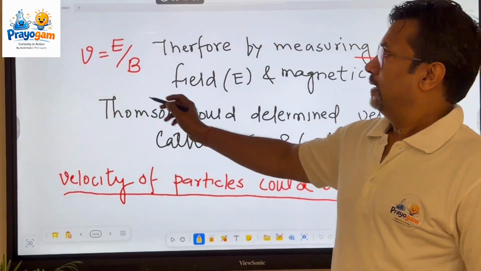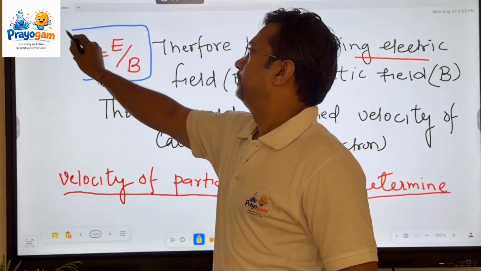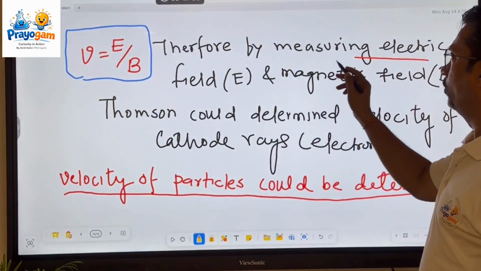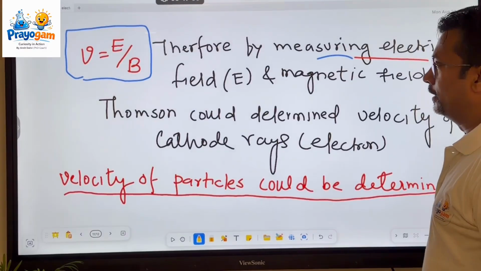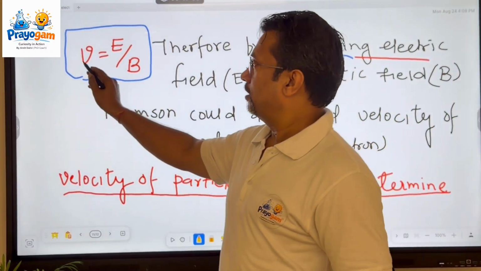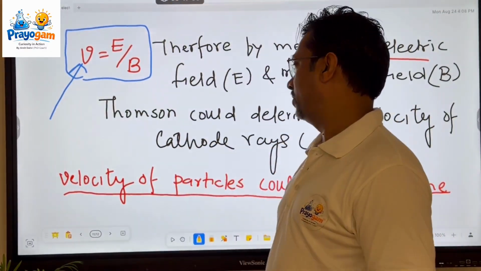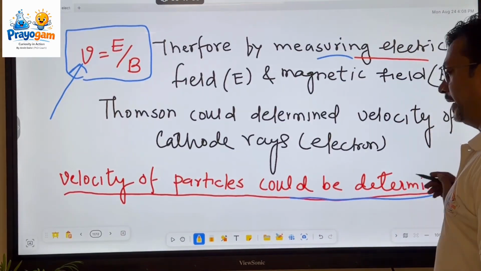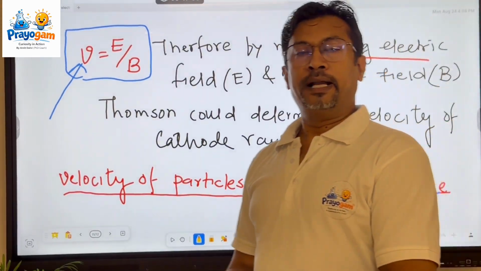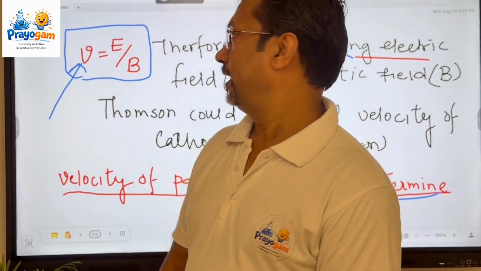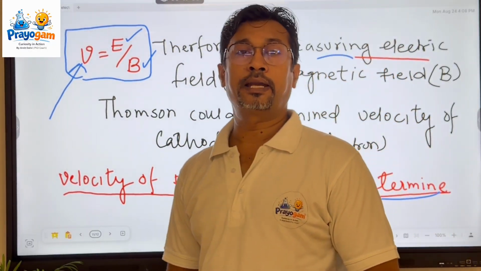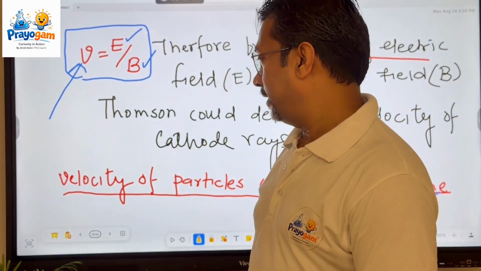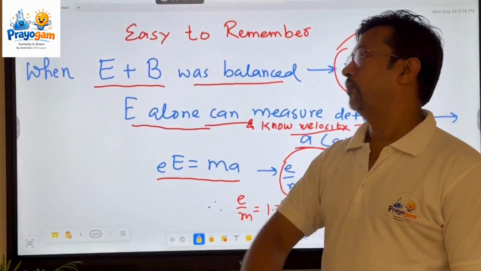So velocity is equal to E by B. Therefore, by measuring the electric field and magnetic field, Thomson could determine the velocity of electron. Velocity of particles could be determined. So whatever moving particles there are, we can calculate their velocity if we know the E and B, electrical strength and magnetic strength.